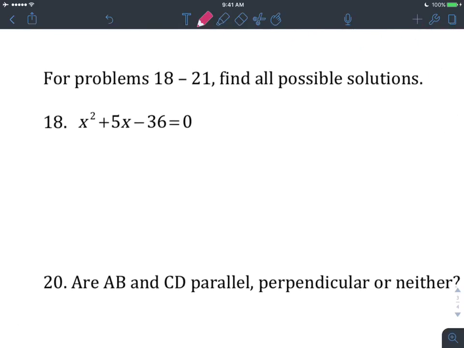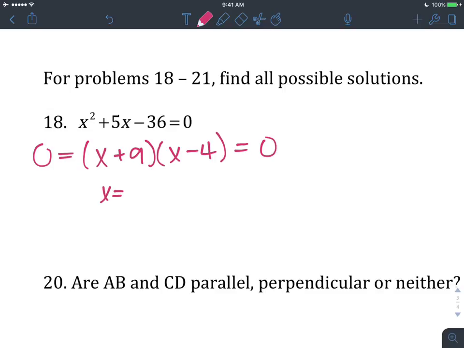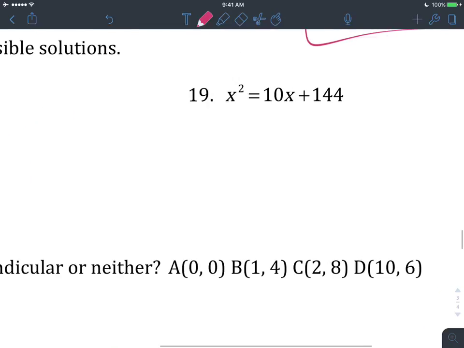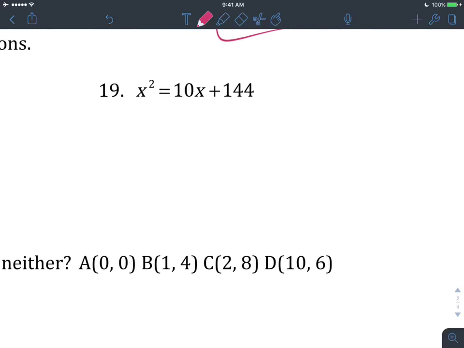All right, going down to just some factoring. So factors of 36, negative 36, that'll add up to 5. You're going to get x plus 9, x minus 4. Set them both equal to 0, and you're going to get x equals negative 9 and x equals 4. All right, number 19, you have to get everything on the other side. So you're going to have to subtract 10x and subtract 144.